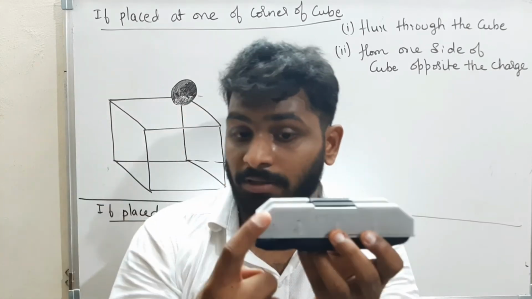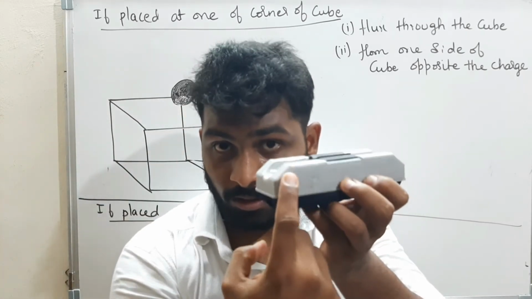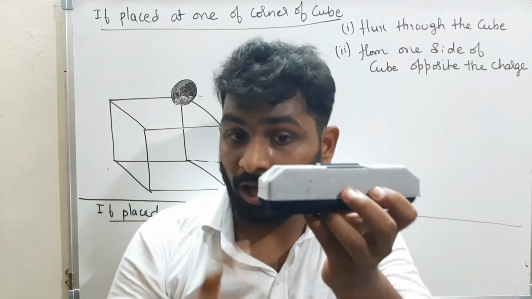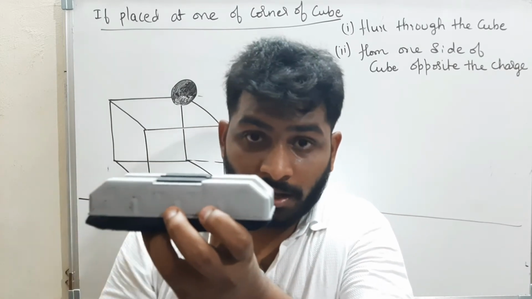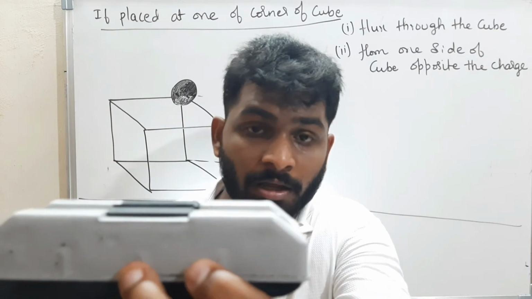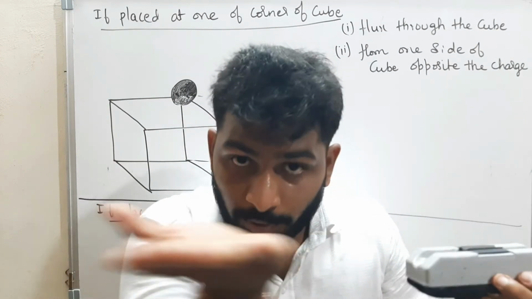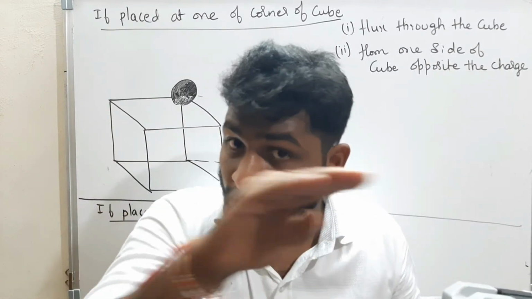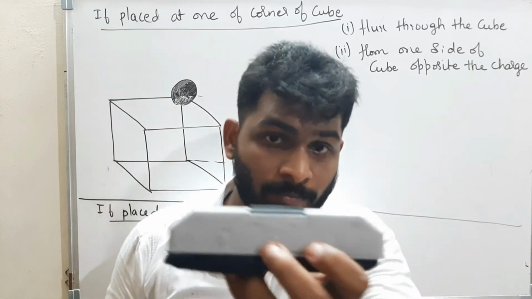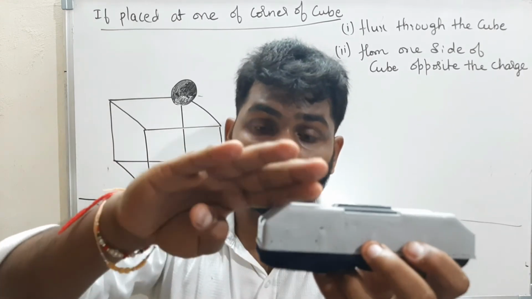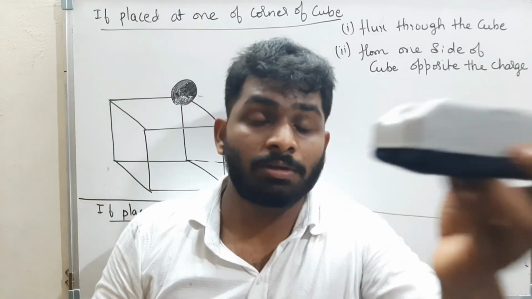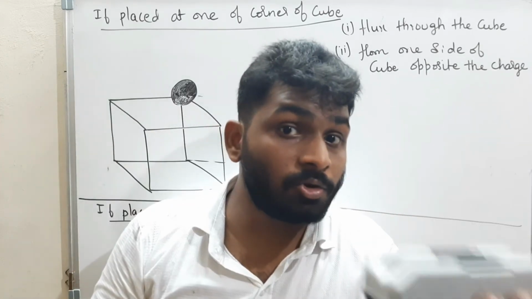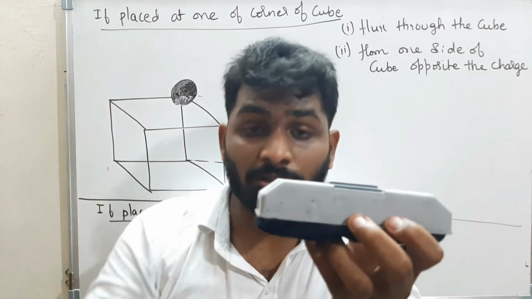If a charge is present in this corner, then I need one more cube like this, and again one more cube like this, and again one more cube like this. That means at the base, I need 4 cubes to cover half of the charge, and the remaining half is upside. Again to cover this, I need 4 more on the top. That means I need a total of 8 cubes to cover this charge.